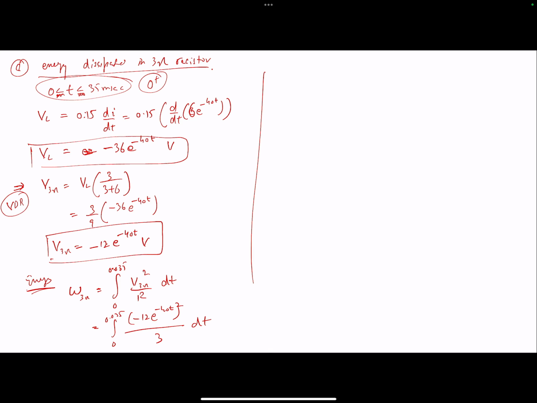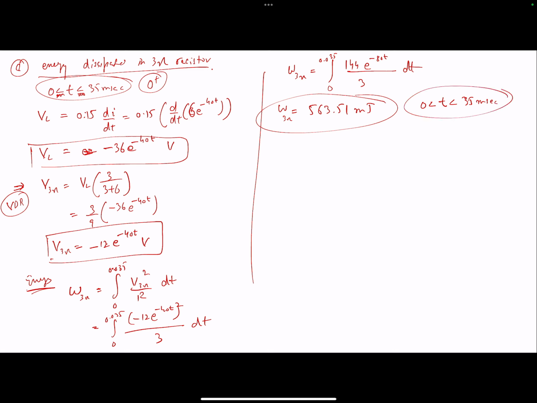Solving with 3 ohms, that is 144 e raised to power minus 80t divided by 3 times dt. Again, you can use this identity to solve the equation. The amount of energy in the 3 ohms resistor in the first switching event comes out to be 563.51 millijoules, between 0 and 35 milliseconds.